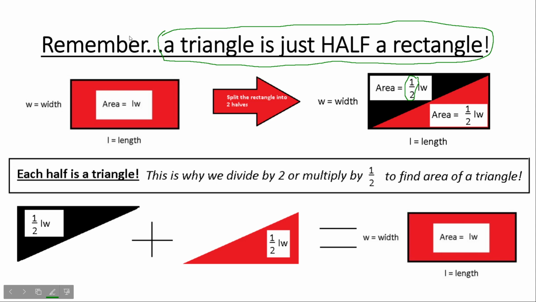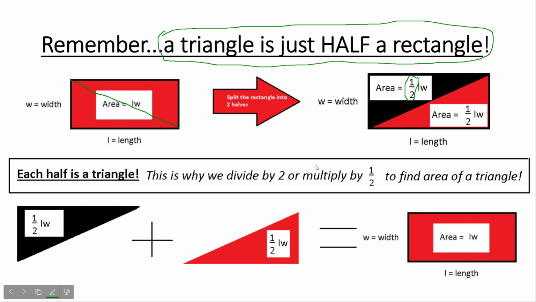If we take any rectangle, it doesn't matter what the length is, it doesn't matter what the width is. If I split this in half, I get two different triangles here. Now, on the slide, I split it the other way. And you see, I got a black triangle and I got a red triangle.